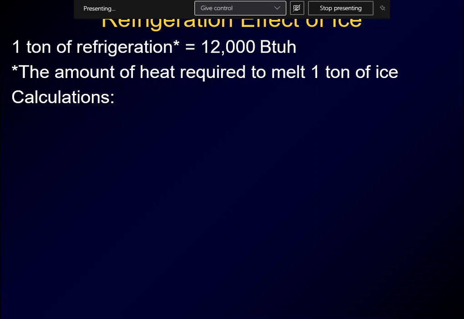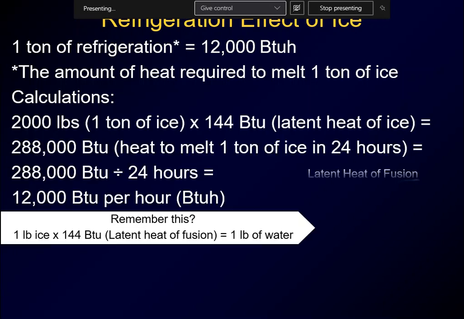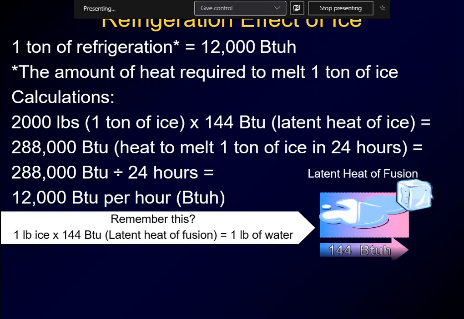And so, what they came up with was that it took 12,000 BTUs per hour, or 288,000 BTUs per day, a 24-hour day, to melt a 2,000 pound, 1 ton piece of ice, in a 24-hour period. So, that was the amount of heat that it required. That's where the term ton came from.